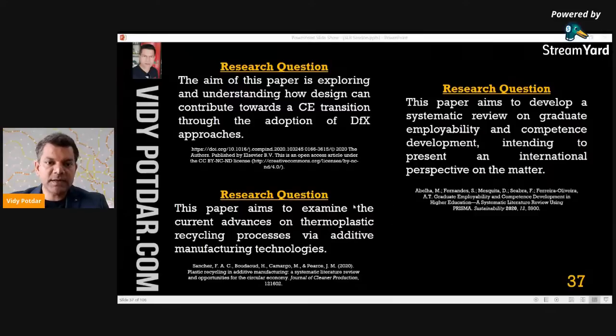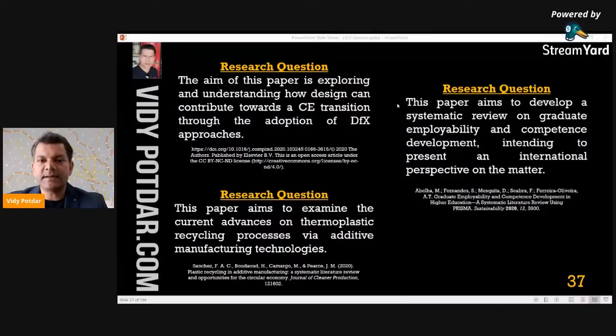This kind of research question you will find quite a lot in systematic review papers, where they want to find out what has happened in the research area for a specific topic.